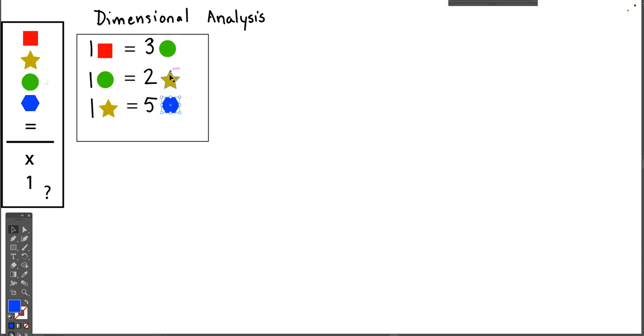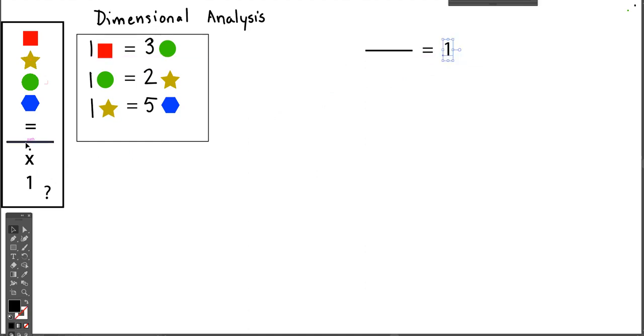Okay, so these are equalities. Let's turn these into conversion factors. For each of these, there are going to be 2 conversion factors that we can use to multiply something by 1, right? And so let's set this up first. We know that we're going to have some conversion factor equal to 1.